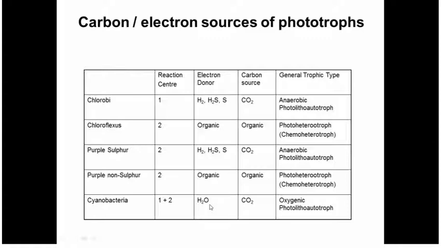So what was the first type of photosynthetic organism? Well, we're talking about reaction center 1 working on its own. So it's probably something like this. So probably photosynthesis in eubacteria evolved in some kind of anaerobic photolithotrophy.